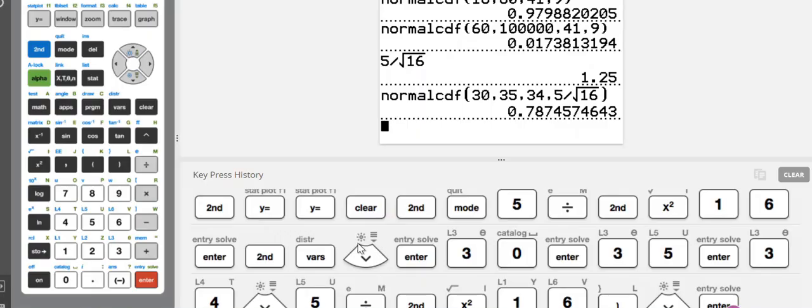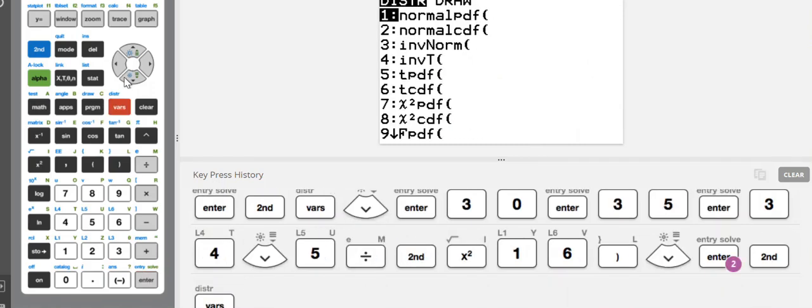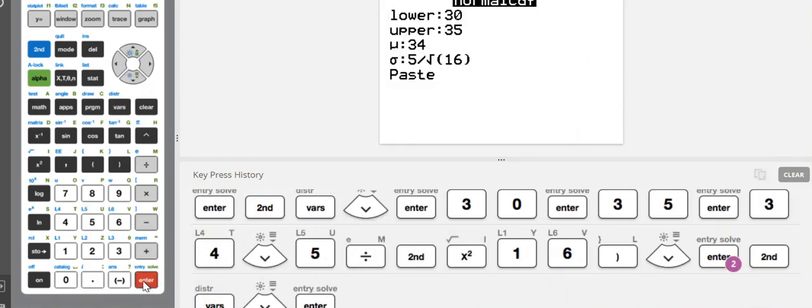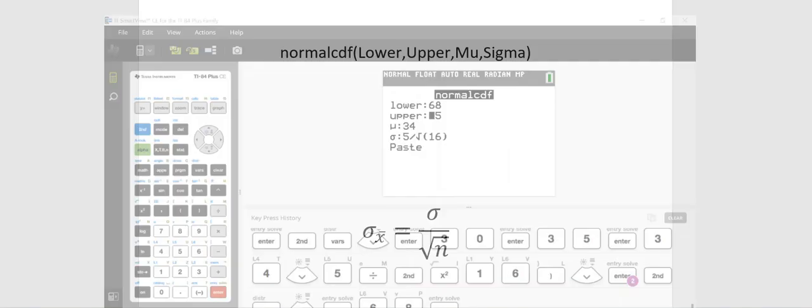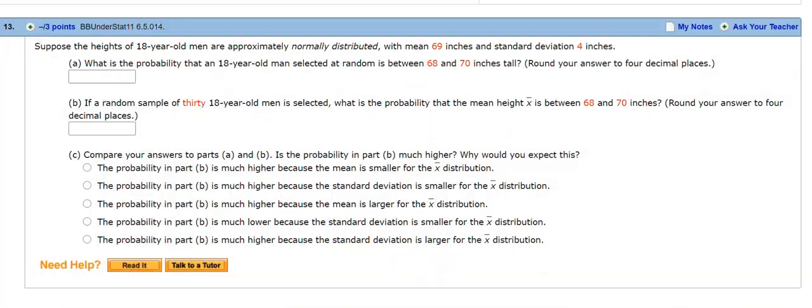So once again, I'm going to go to my TI calculator, and I'm going to choose distribution, and my lower is 68, and my upper is 70.